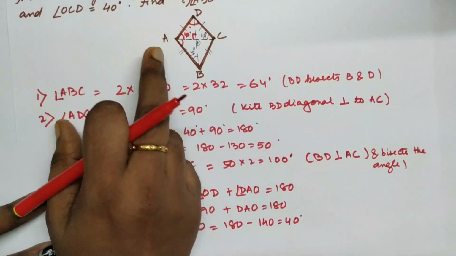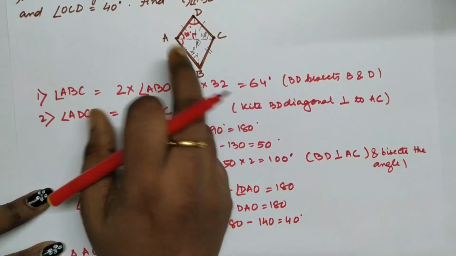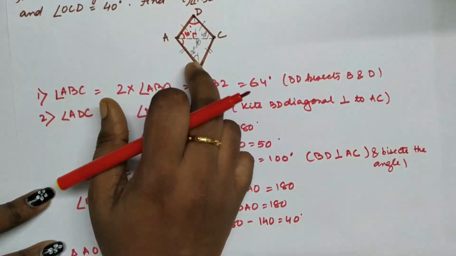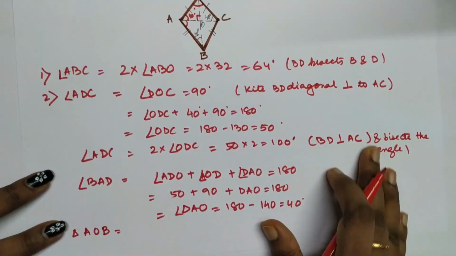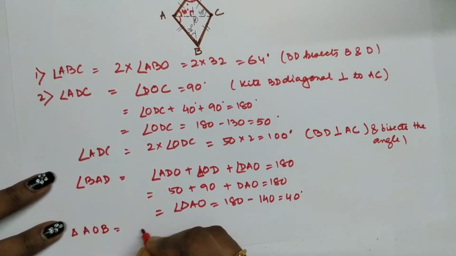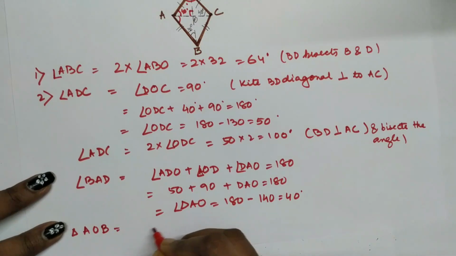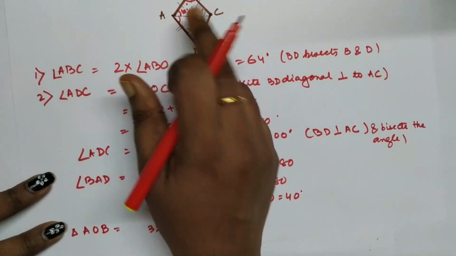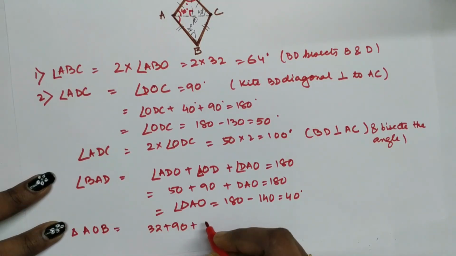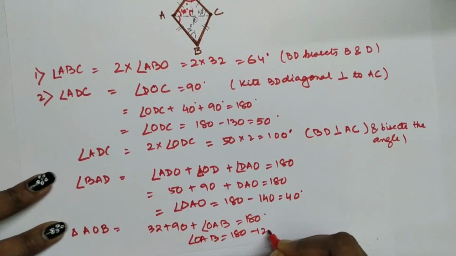So to get the angle OAB, let us consider this triangle AOB. So triangle AOB is telling me that 32 plus 90 degrees, because of the bisected 90 degrees there, plus angle OAB is equal to 180 degrees. So OAB is equal to 180 minus 122, that is 58 degrees.